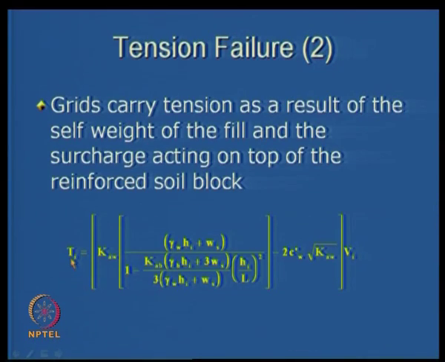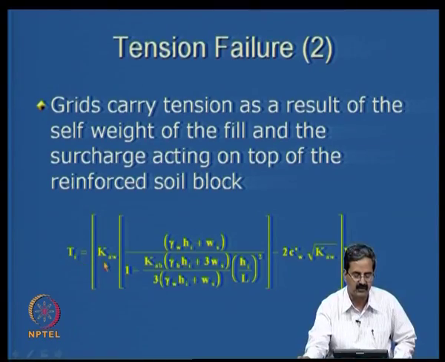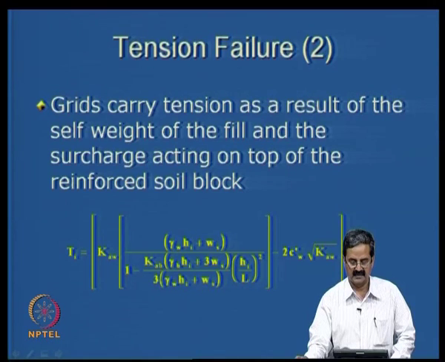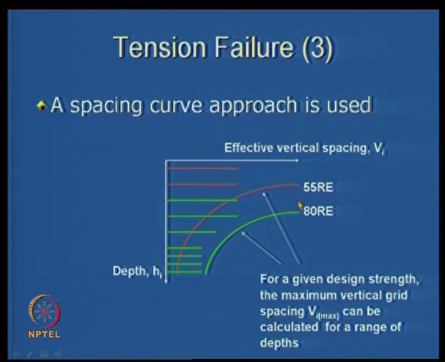Say for example 40 grade I don't want to use, but I can take 40 divided by all the partial factors, so maybe you will get some 20 or 15 here. 15 is equal to this, and you assume C equal to 0, so this term vanishes and all the terms are known, and the only unknown is Vi. You put different values of Vi, from 1 meter to 0.5 meters to 0.3 meters and all that. You will get a diagram like this, 0.3, 0.4, 0.5, and then you can get a diagram like this.